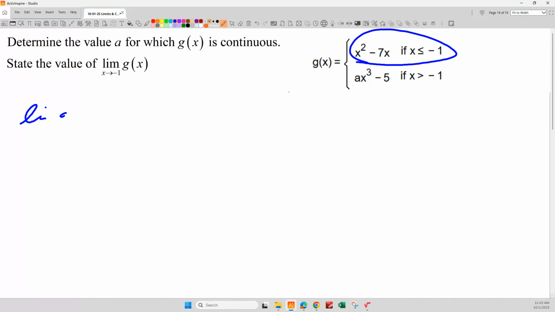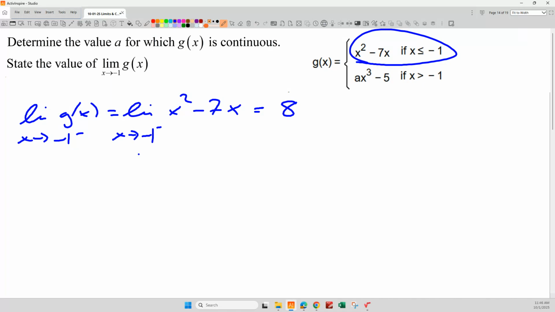The limit of g of x as x approaches -1 from the left, from values less than -1, is the limit of that top expression, x squared minus 7x, as x approaches -1 from the left. Well, what do I get if I evaluate that at -1? Everybody agree? 8? Okay, so that is the limit of g of x from the left.